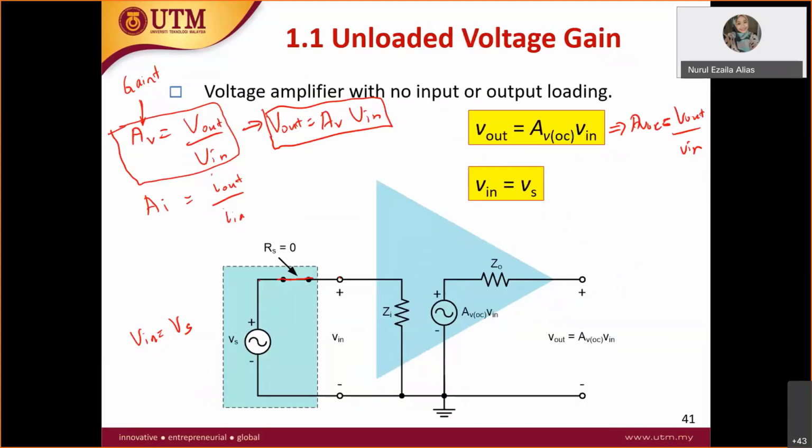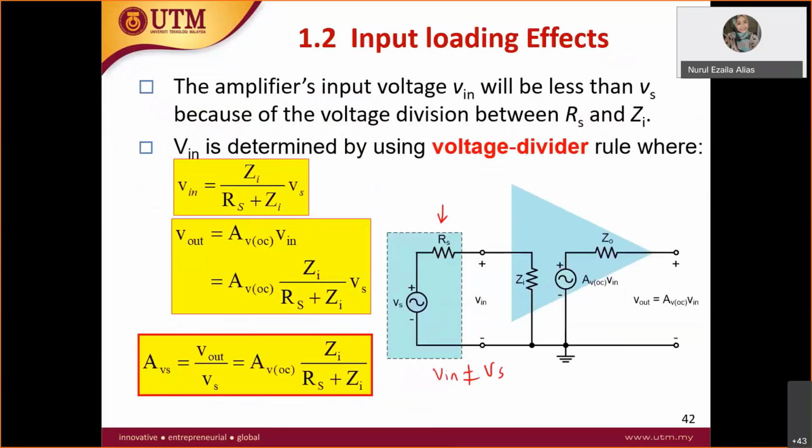For this case, you don't have Rs and it is in parallel. Therefore, V in is equal to the Vs. However, when you have Rs in your circuit, you cannot say that V in equals Vs. So how can you get the V in from this circuit?